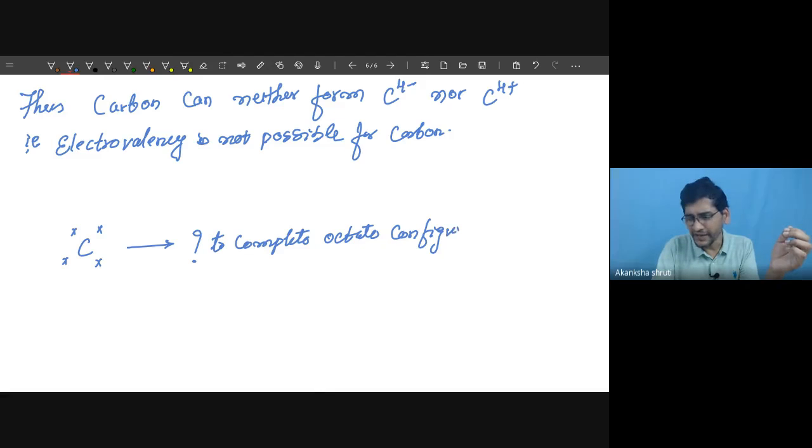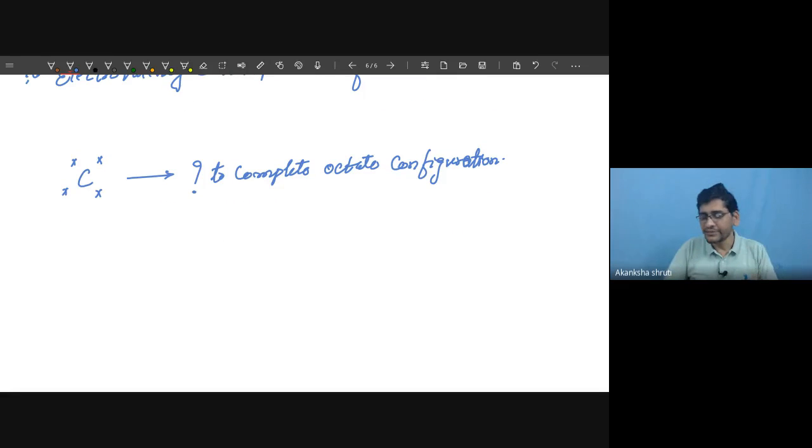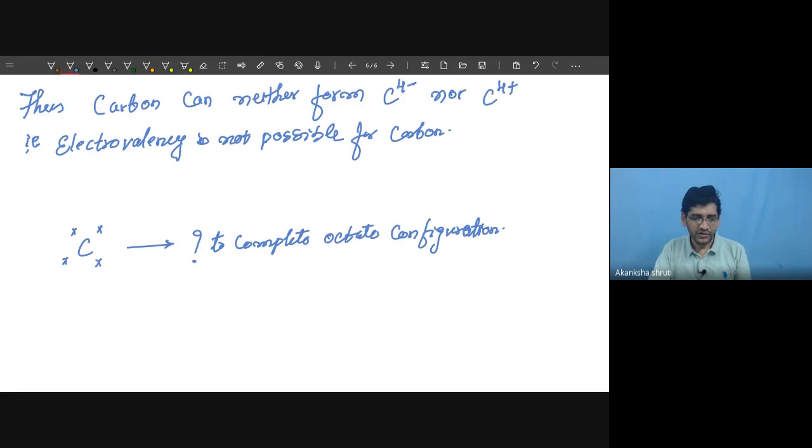Octet configuration means the outermost orbit must have 8 electrons. Do not think that it will accommodate entirely the 8. So what are the possibilities that we are going to see? See, student, now we have to think a bit differently, where neither loss nor gain is permitted. In that case, what is the possibility?